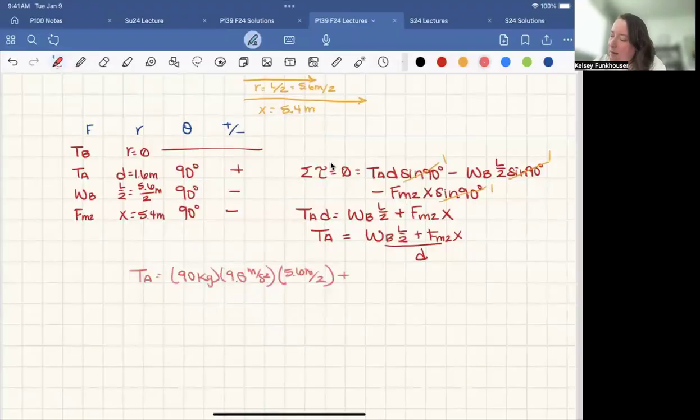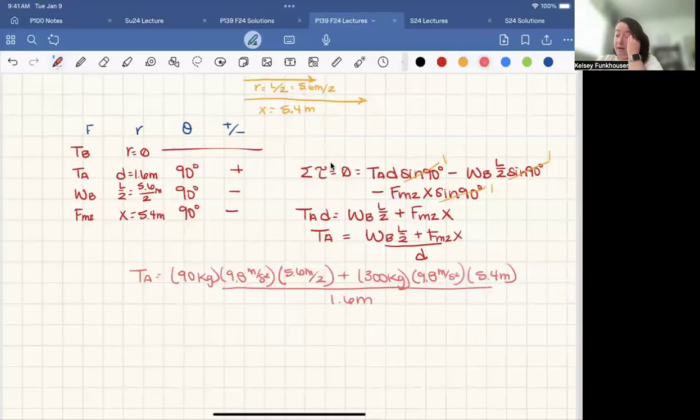And then we add, and let's see, the object has a mass of 300 kilograms times 9.8 meters per second squared, and then x is 5.4 meters. And finally, we divide by the 1.6 meters where the tension in A is located. Okay. And this gives us tension in A of 11,466 newtons. So it's pretty big because this is like a crane system.